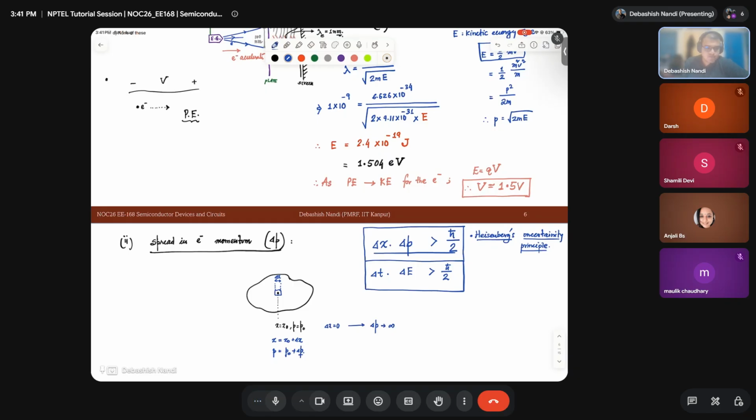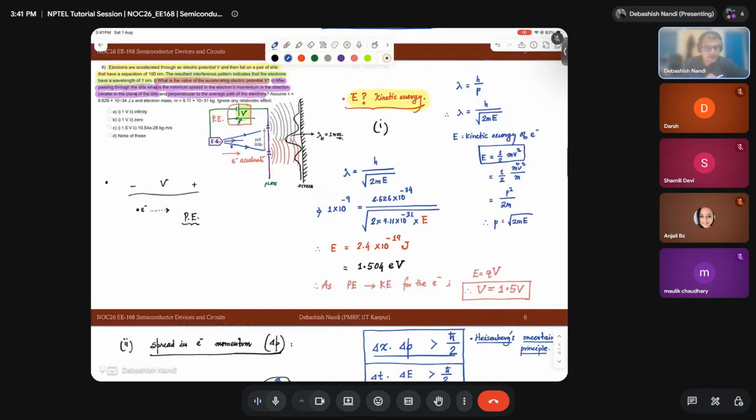Okay, sir. So how will we use that in our case? Let's say I am observing this particular interference pattern. Fine. Because this is what I can measure, the property of the interference pattern.